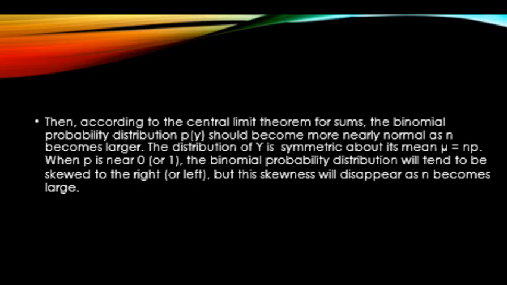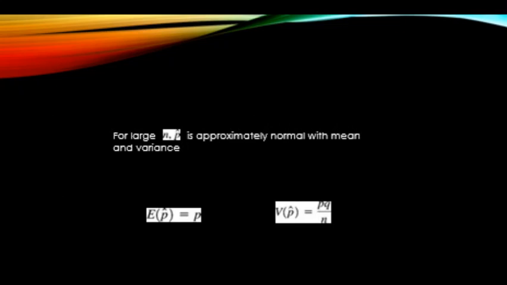So when p is not close to 0 or 1, the binomial distribution will be fairly symmetric. Close to 0 or 1, it will be skewed, and therefore we cannot use the central limit theorem. So for values of p which are not close to 0 or 1, and if we have a large n, then we can use this method.